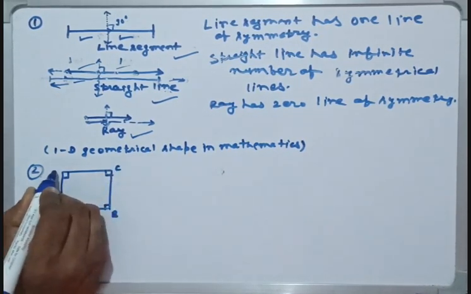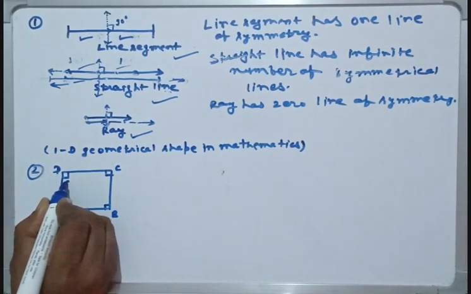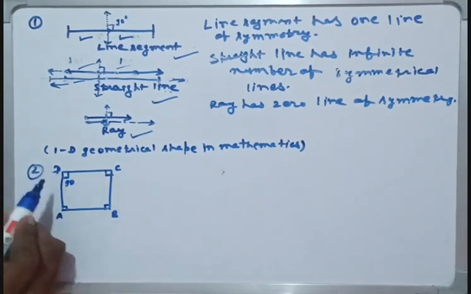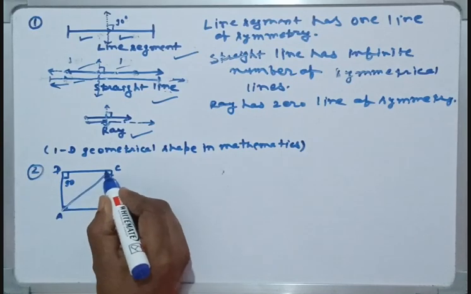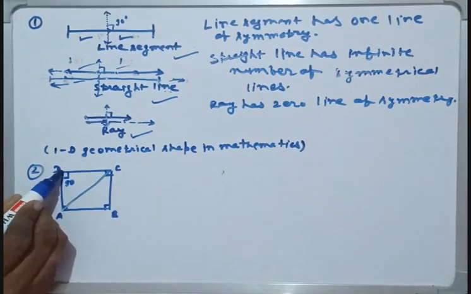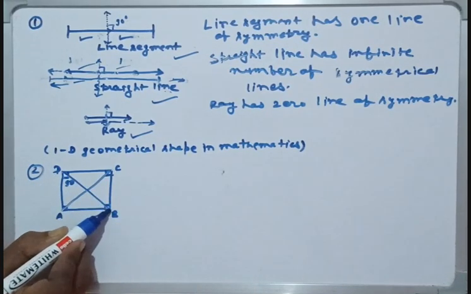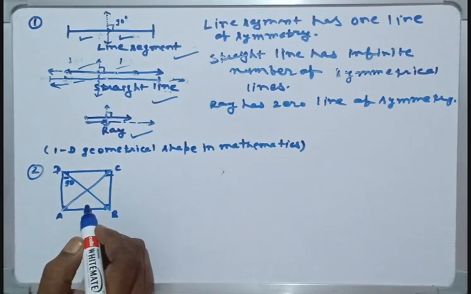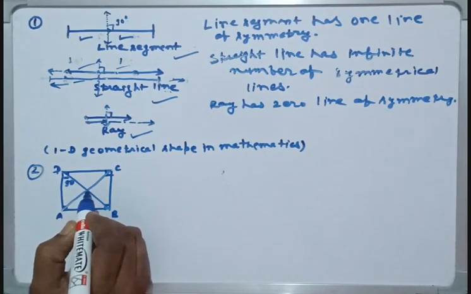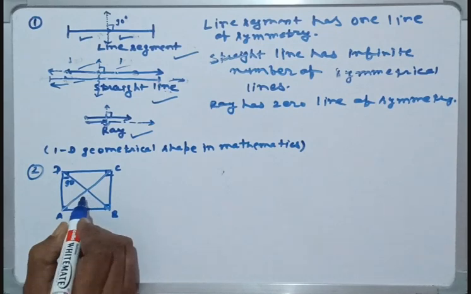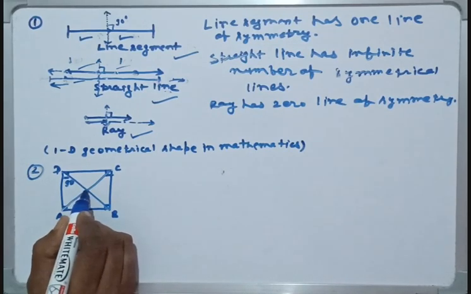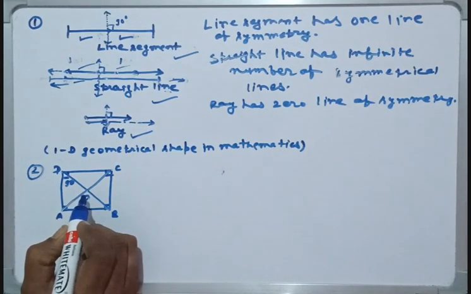Okay, and this angle is 90 degrees. Now suppose AC and DB are diagonals of this square and these two diagonals cut at a point O. So O is the center of this square.